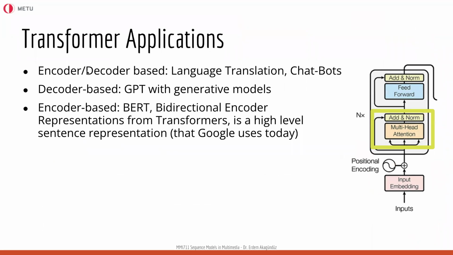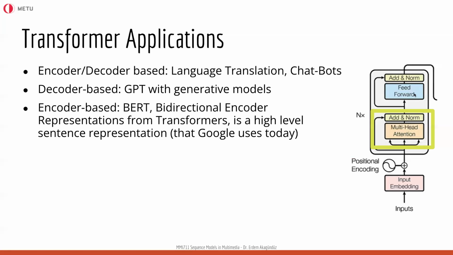For example, an encoder-decoder based application is language translation. Today, Google Translate is using the transformer. I mean, that was why the transformer was proposed in the first place. Chatbots are using transformers as well. There are decoder-based ones, just like GPT.